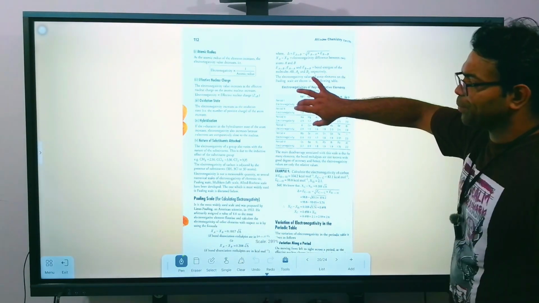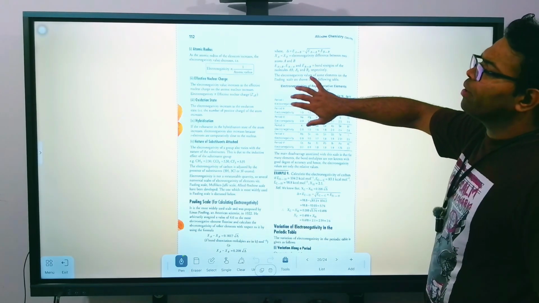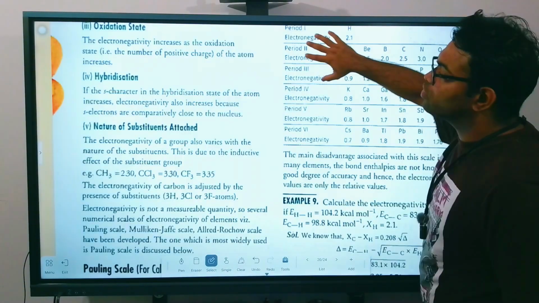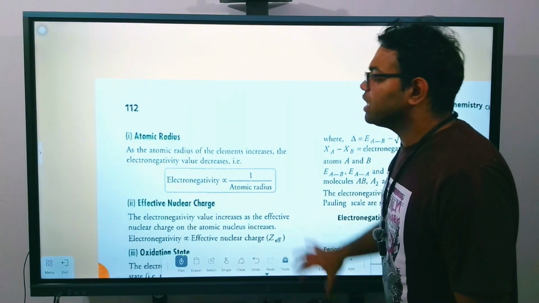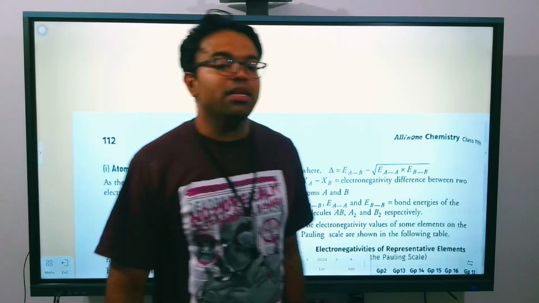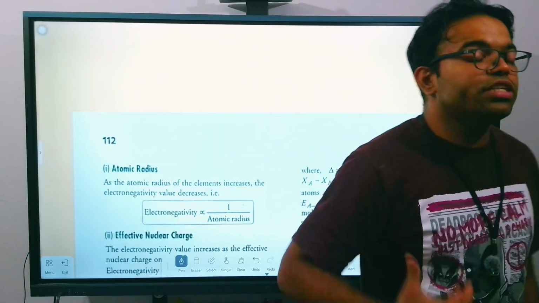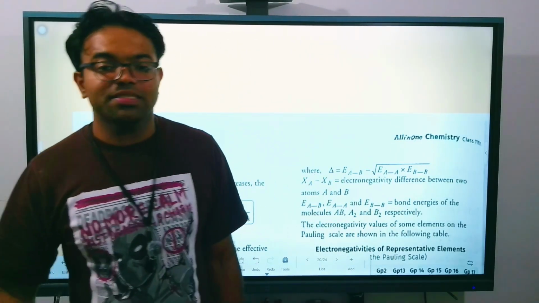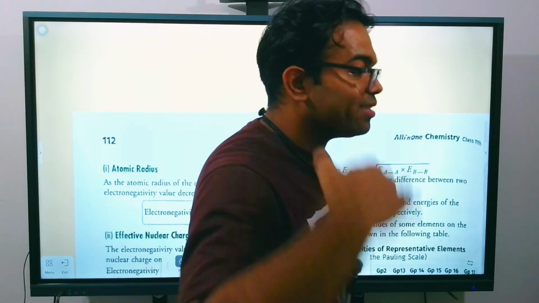The atomic radii. As the atomic radius of the element increases, the electronegativity also does what? The electronegativity decreases. As we move down the group in the periodic table, because the atomic radius is increasing gradually, the electronegativity also becomes less.